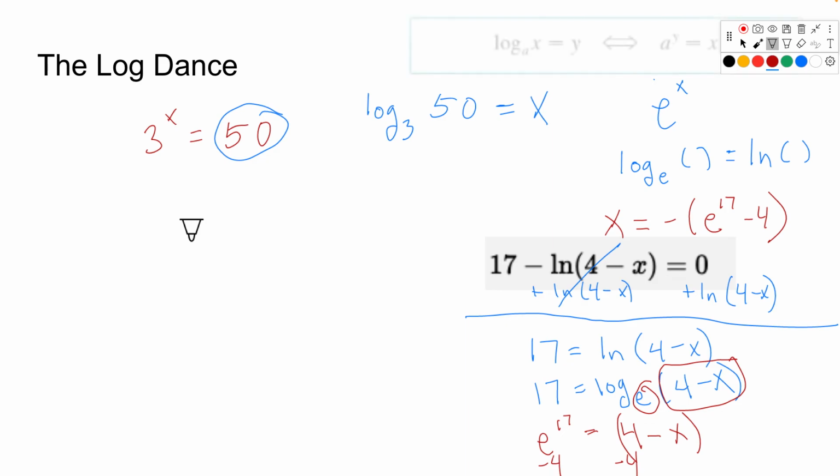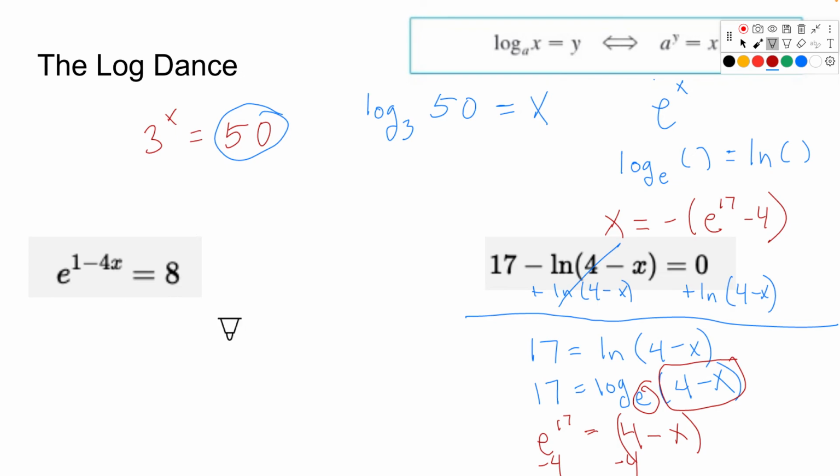Okay. So let's do the same thing with an exponential. The cool part of this one, and again, it also comes from the homework, is that this exponent is all one thing. So 1 minus 4x is all up there. Log dance, right? It will solve it.